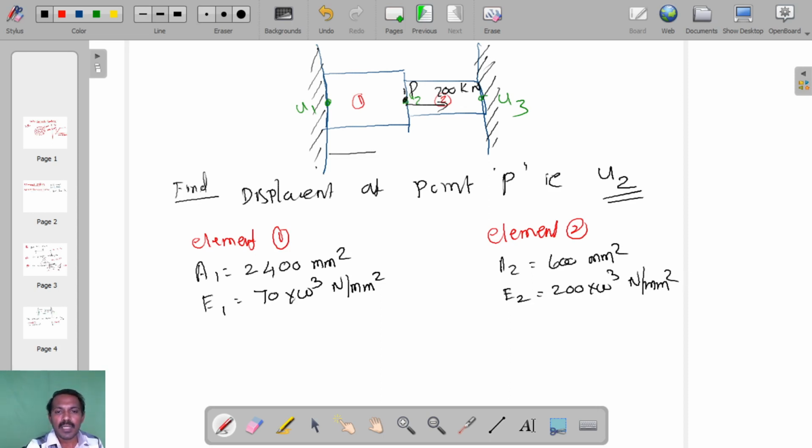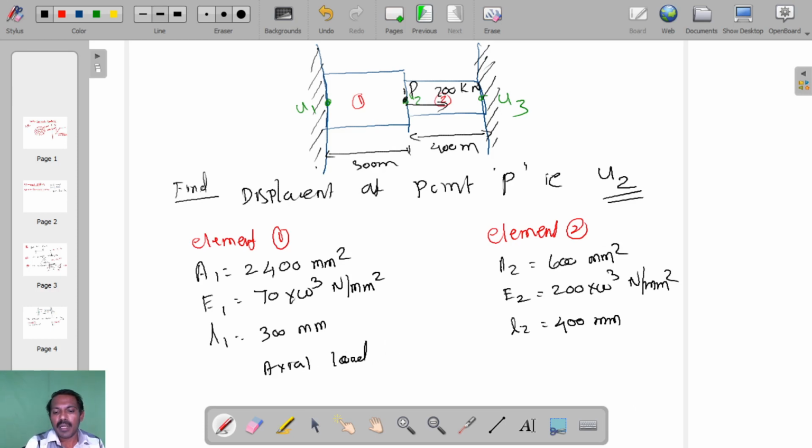The length L1 is 300 mm and L2 is 400 mm. The axial load acting at point B is F2 equal to 200 kilonewton.